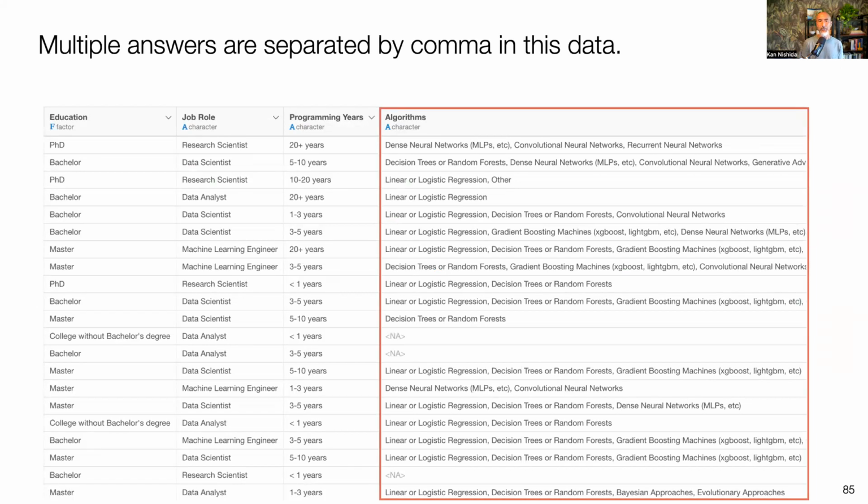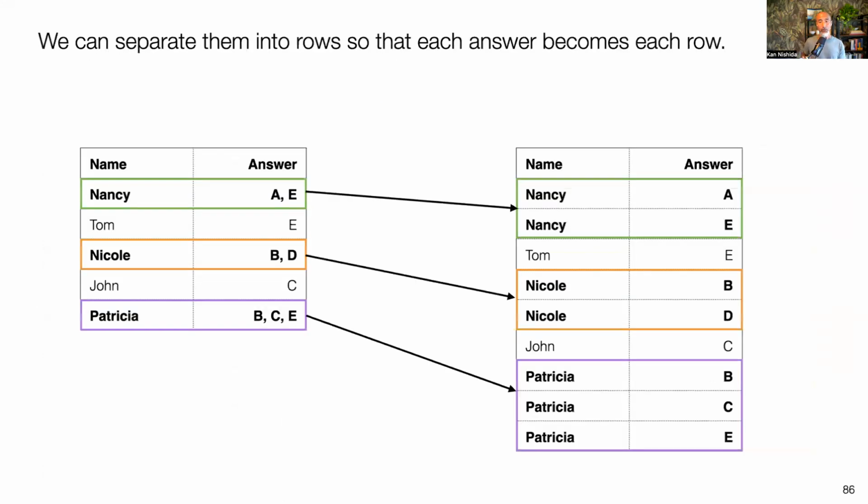Well, it depends on what type of question you want to ask. But when you focus on the answer about algorithms, the left-hand side is the data we have right now. When you look at the answer column, is this just one variable? The problem here is that Nancy's is A and E, and the next row, Tom, is E. Are we really going to compare an AE person and an E person and a BD person?